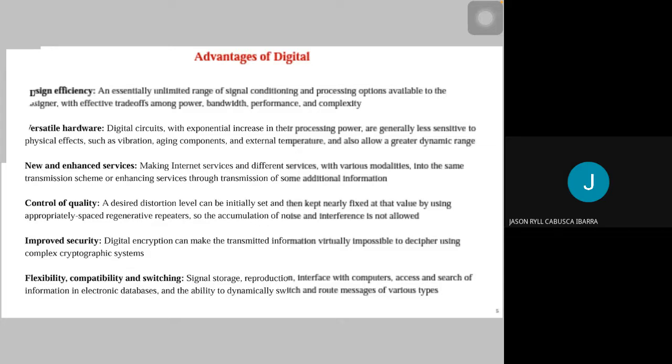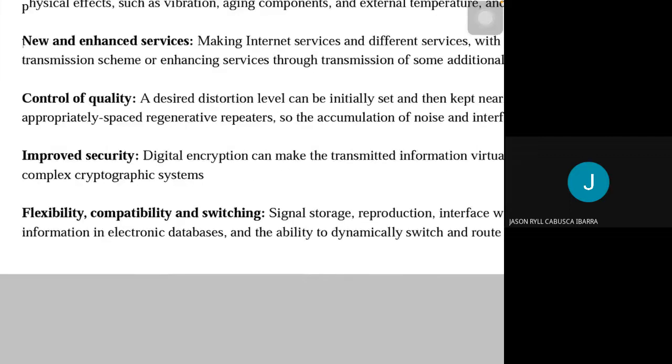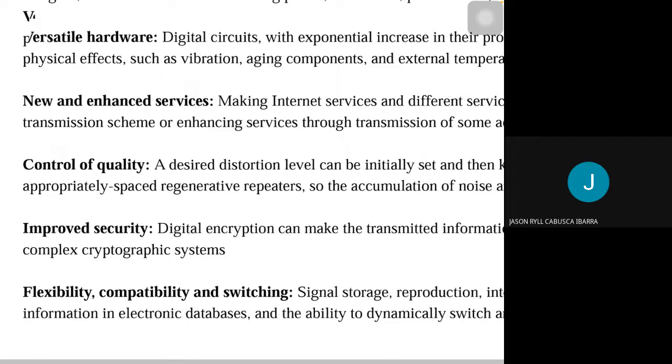Pwede ta maka-introduce og security measures. Flexibility, compatibility, and switching. Yes, mas ma-appreciate na to ang last nga advantage, or mas ma-visualize na to ang advantage in the context of computer networks or internet. Okay?